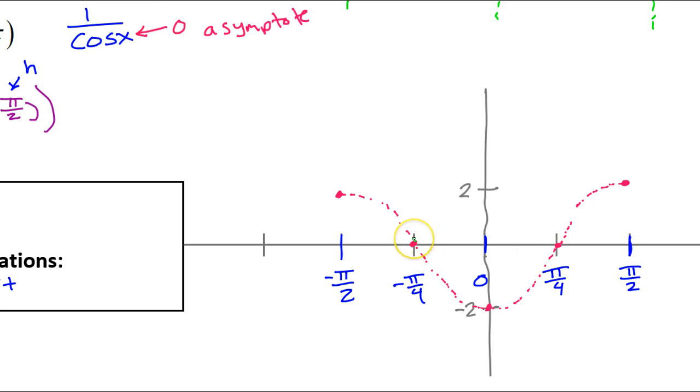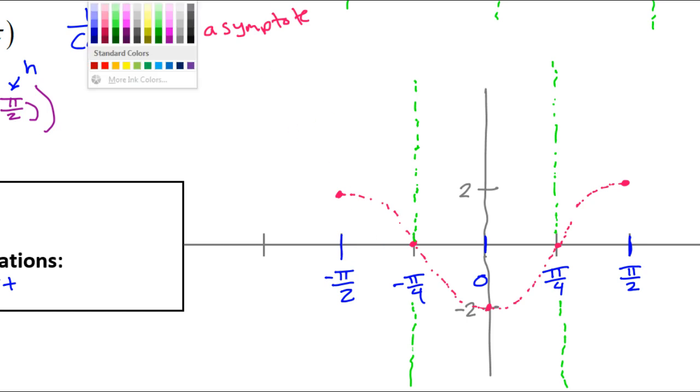So that tells me that I'm going to have an asymptote at each of these x-intercepts. So there should be an asymptote here, and there should be an asymptote here. Alright, so I've got those asymptotes.